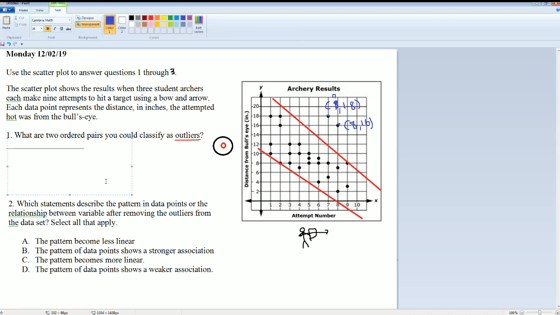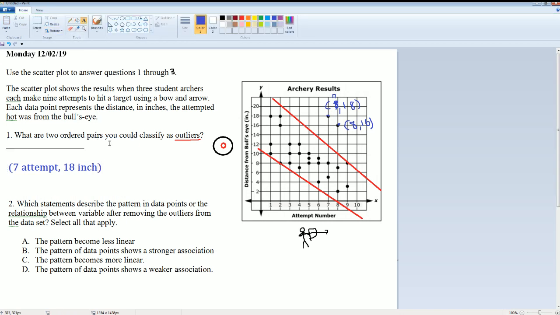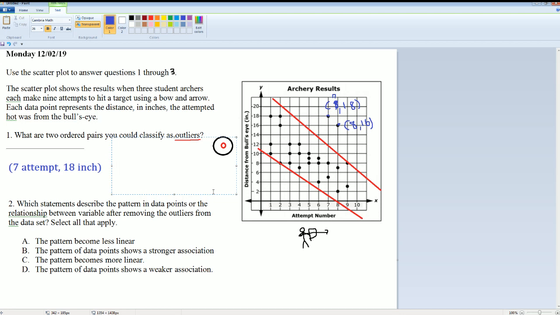What are the ordered pairs that you could classify as outliers? We could say it is the 7th attempt, and it resulted in 18 inches away from the bullseye. Also, we can say another one was the 8th attempt at 16 inches.